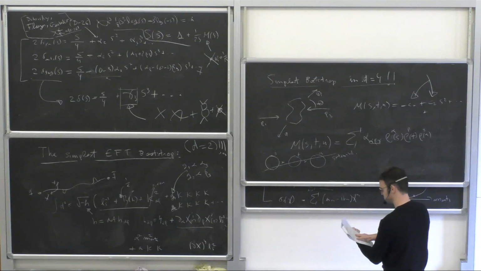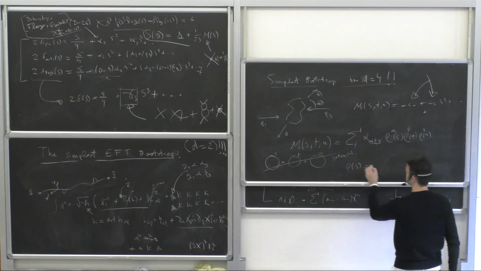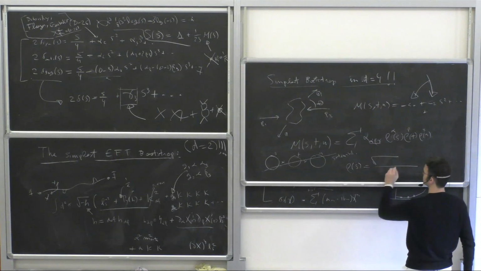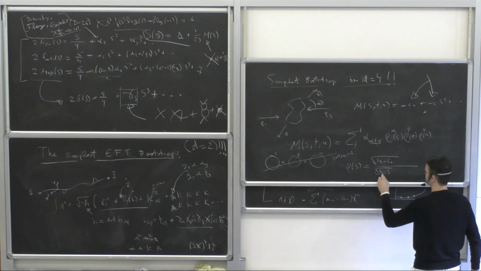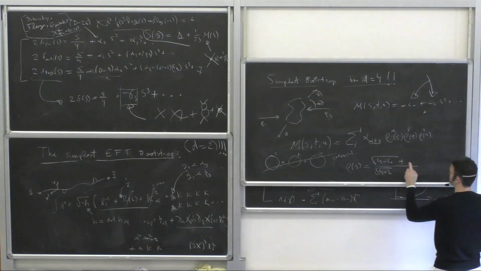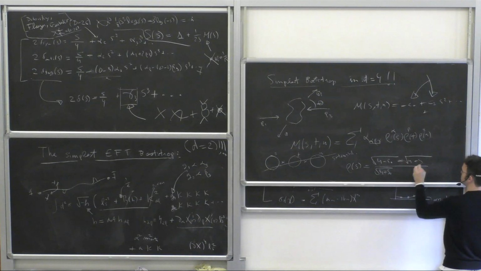But now the rho function is a non-crossing symmetric function, which will look like this. It will look like 4 minus S naught, 4 plus 4 minus S naught, minus 4 minus S plus 4 plus S.